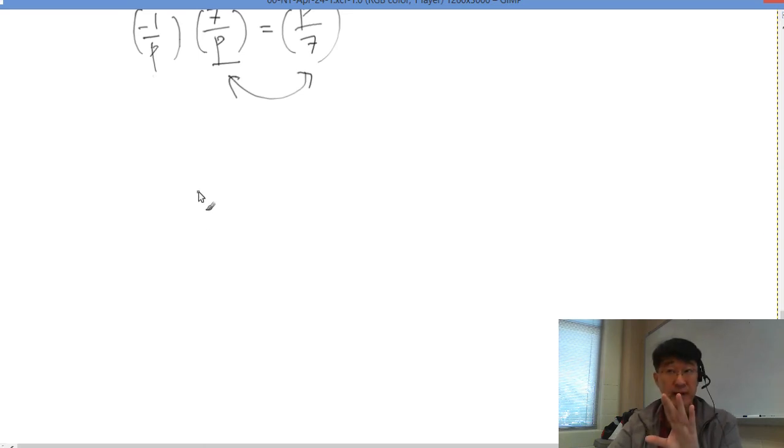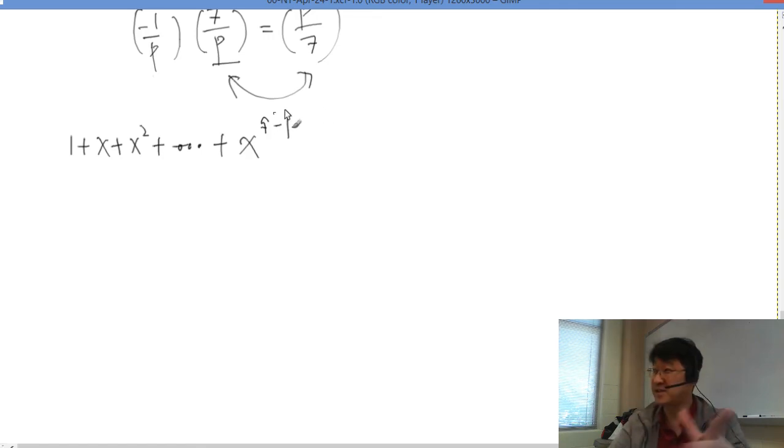All right, because we're running out of time, it goes exactly like that, but it starts like this: 1 plus x plus x squared, all the way up to x to the q minus 1. That was 7, it was a 6 like that.